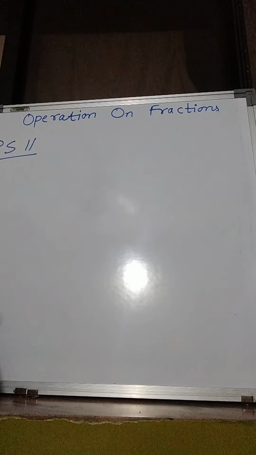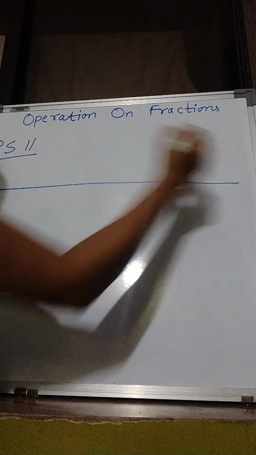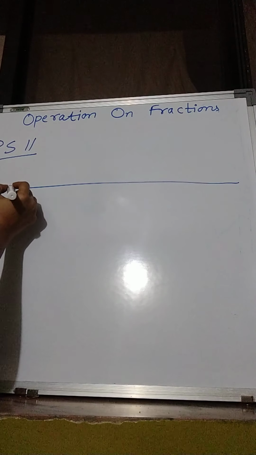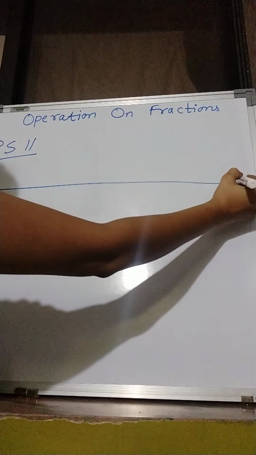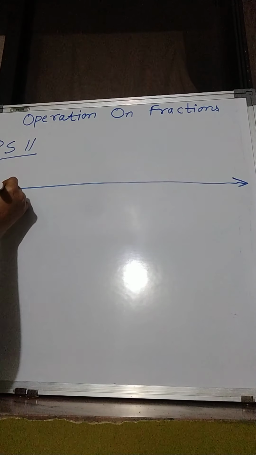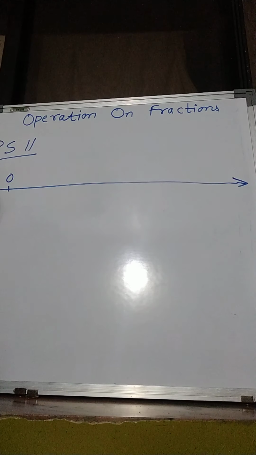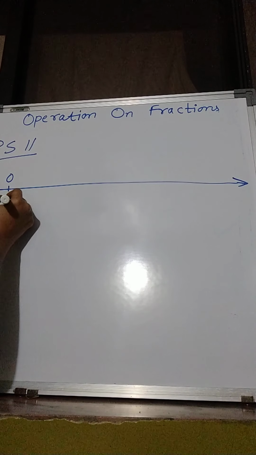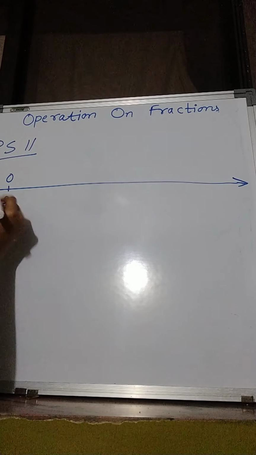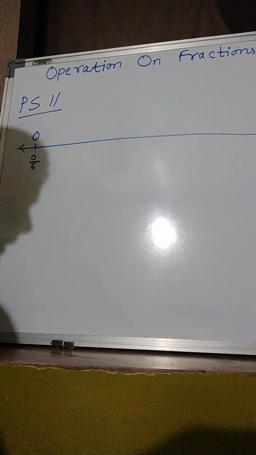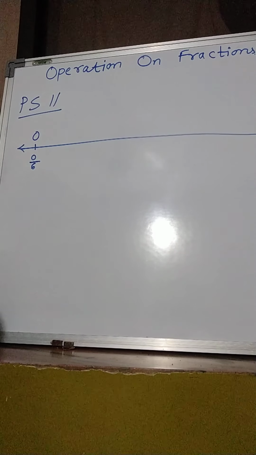Okay. Now see, here is our line. First is 0, right? What is the fraction form of that? 0 upon 6. It shows that the line is divided into 6 small parts, right?